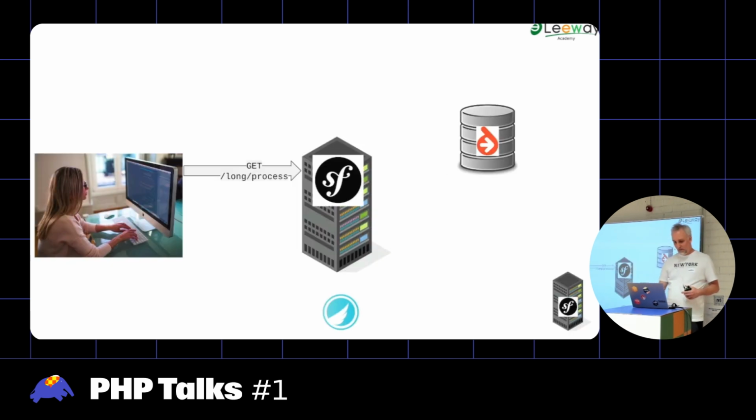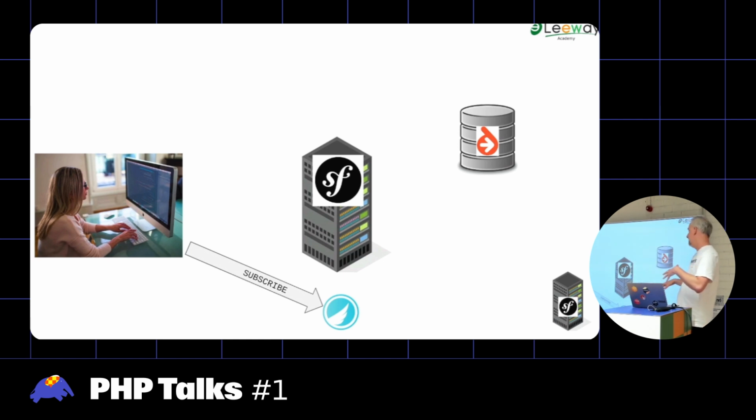So let's see. I'm going to quickly run you through how this looks a little more lower level. So this is the first request that the user will issue. They get some HTML back. There's no surprise here. Then the first thing that they will do is subscribe to this Mercure server. So they will say something like, hey, I want to be notified when something happens there.